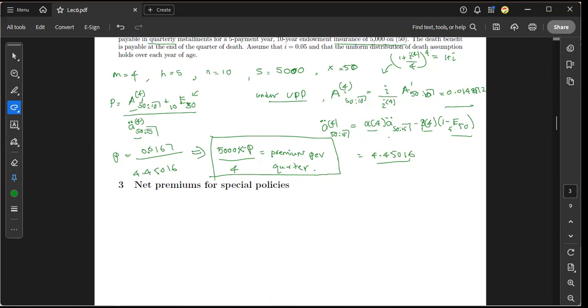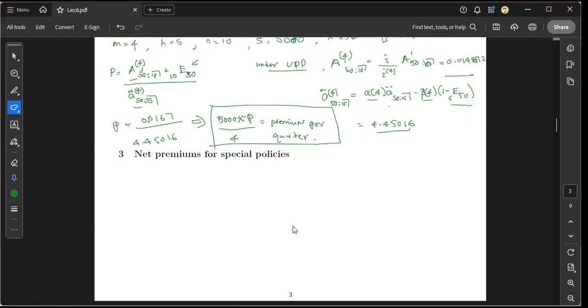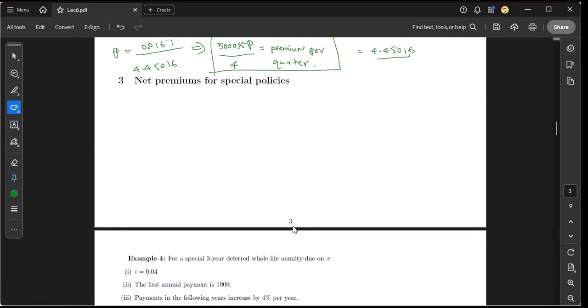So we realized two new things in this example. Now, up to this case, we always had a level payment. That means if the benefit is 5,000, the benefit is 5,000 for the entire period. If the premium is fixed, it is same for every time you pay the premium.